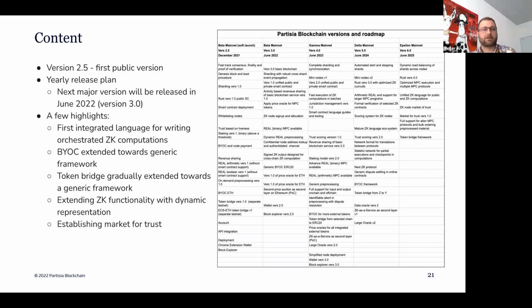We are doing something that hasn't been done before, combining the need for public smart contracts with the need for privacy computations. And this first version of that language is going to be released this summer. And once we have that, we have something that nobody else has had before.